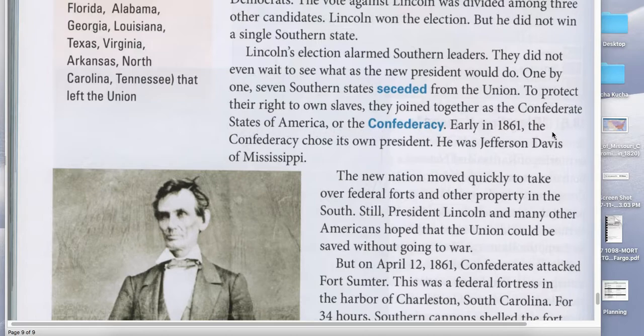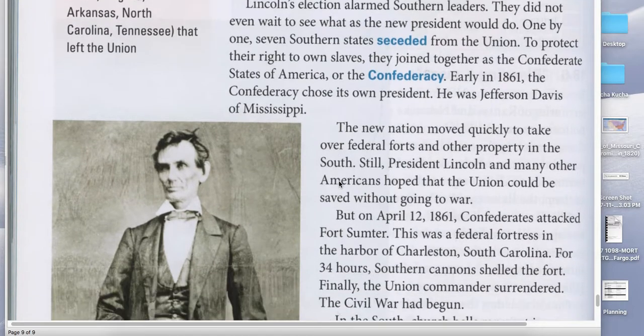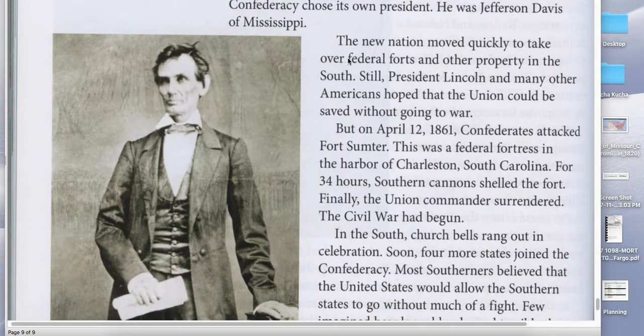Early in 1861, the Confederacy chose its own president. He was Jefferson Davis of Mississippi. The new nation moved quickly to take over federal forts and other property in the South. Still, President Lincoln and many other Americans hoped that the Union could be saved without going to war.